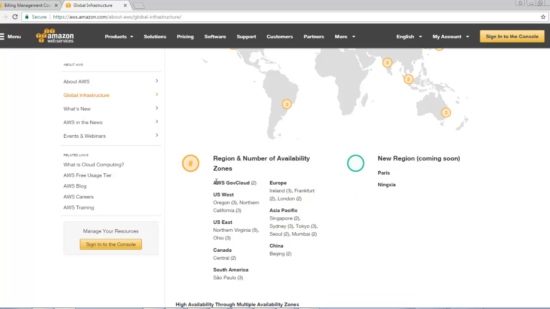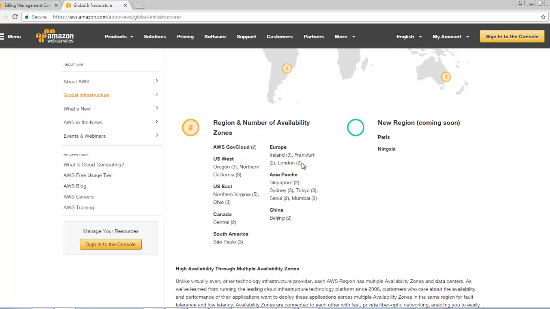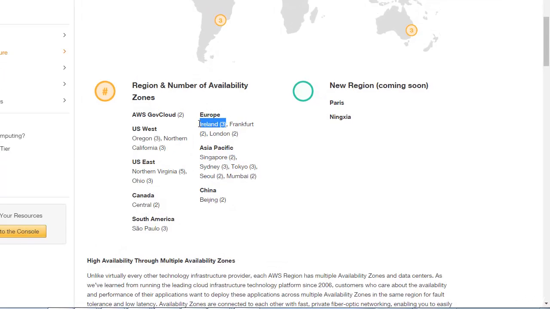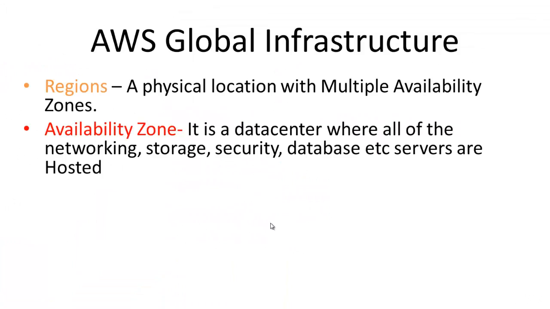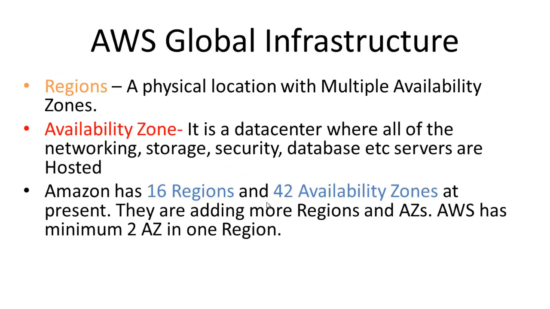In Europe they have one region in Ireland, one in Frankfurt, one in London, that is in UK. So if you count, there would be a total of 16 regions. They are adding more and more regions with the passage of time.